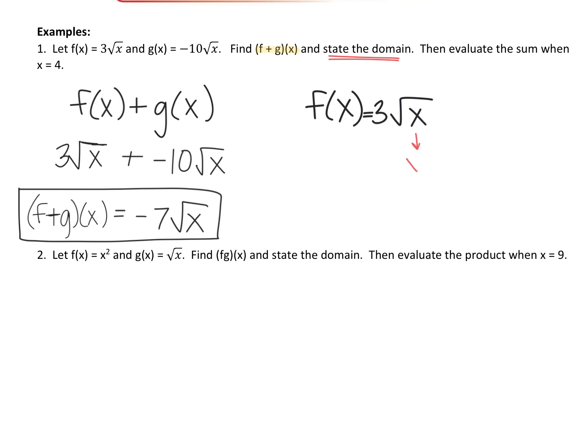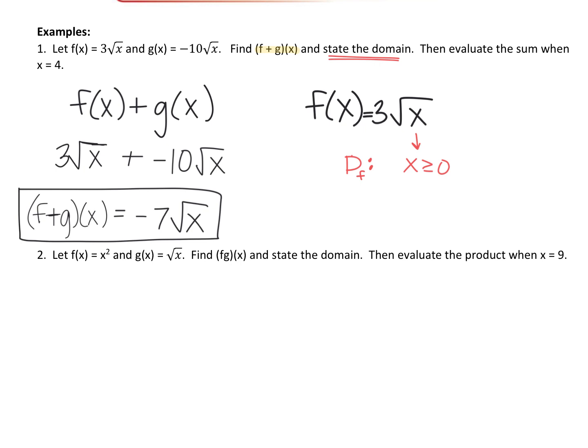So we want x, or whatever's inside, to be greater than or equal to 0, otherwise you have i. We don't want i, right? Don't want to take the square root of a negative. So the domain of f is x values greater than or equal to 0, otherwise you get an i, and that's unfortunate.